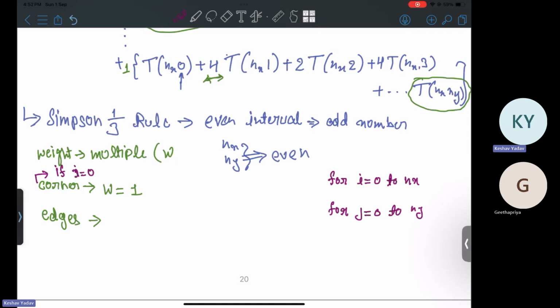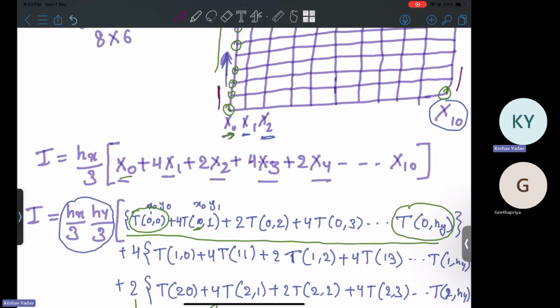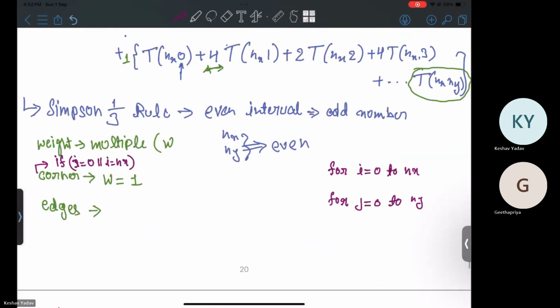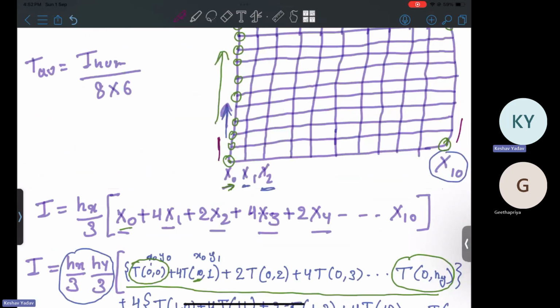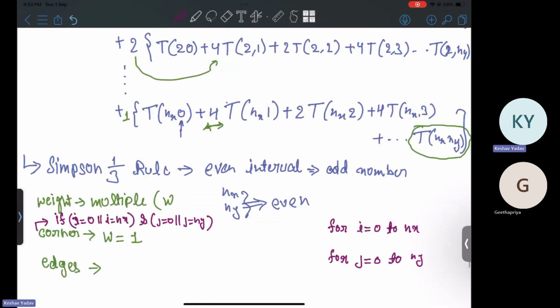This is the symbol of or. Either of these two conditions is satisfied, means this line or this line, and j equal to 0 or j equal to ny is also satisfied, means it is on this line or this line. This is on this line and this line, means this corner point.